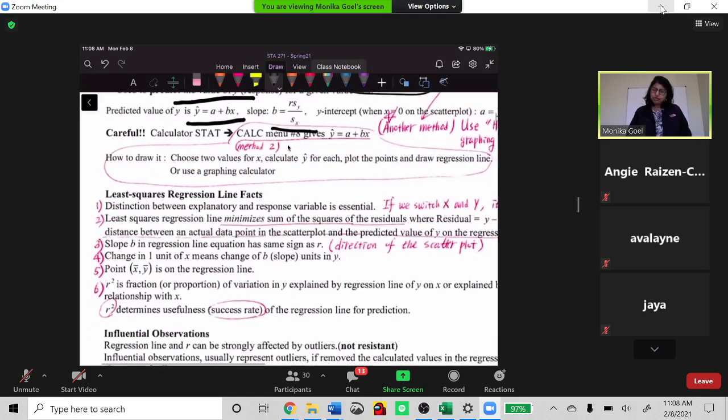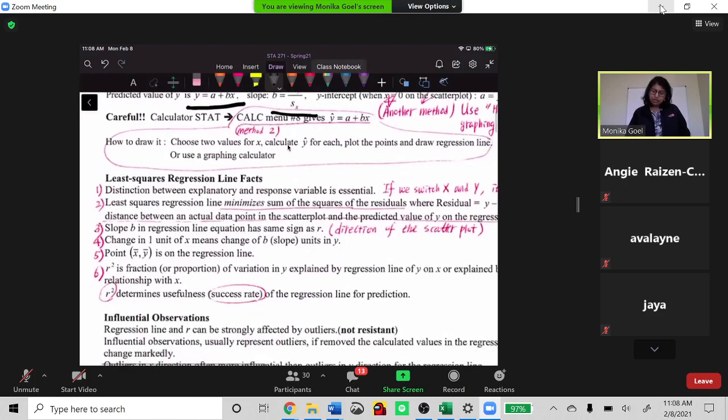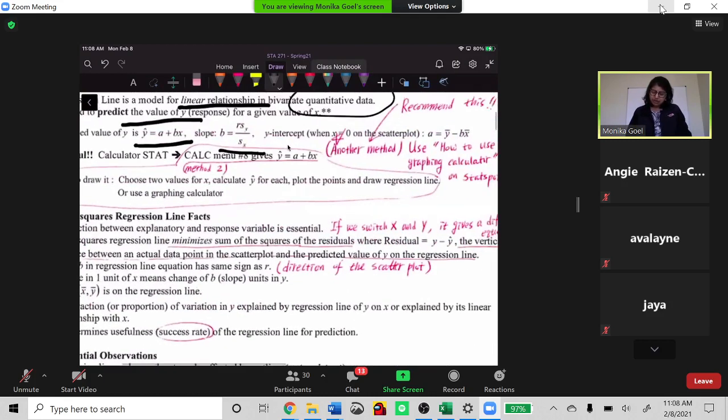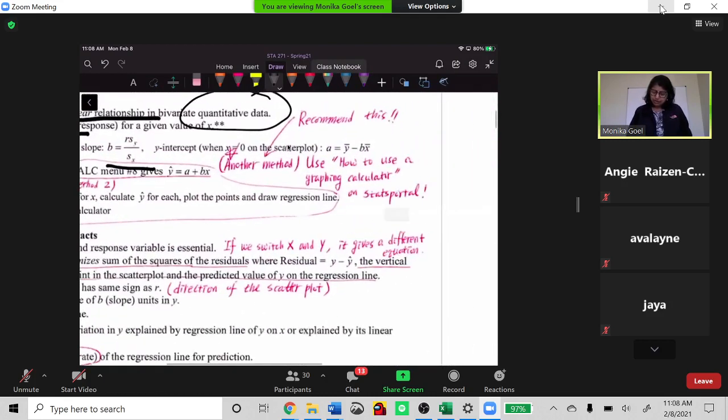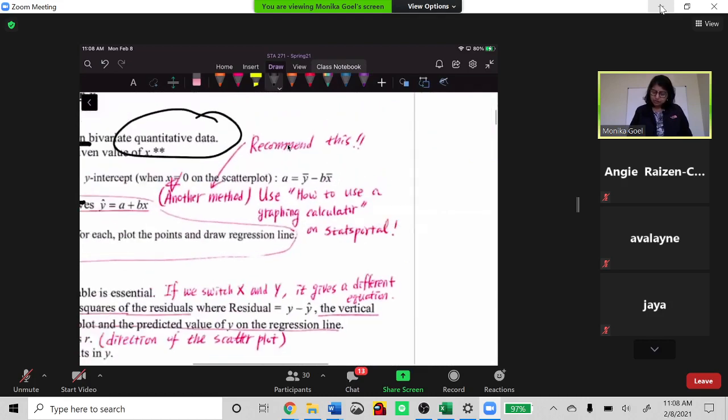And then you can use your calculator to find that as well. In the calculator, both equations are given. If you're working with this one, then this is your slope and this is your y-intercept. But if you're using this equation, this is your y-intercept and this is your slope.